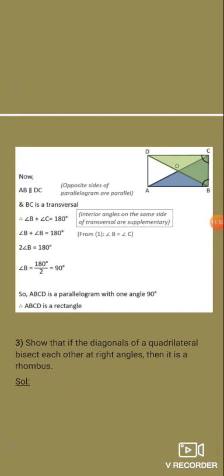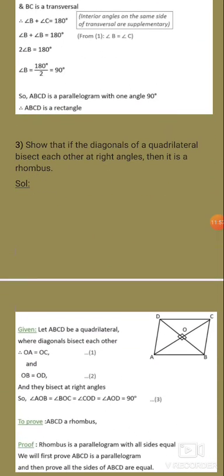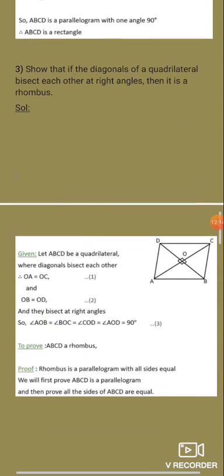Okay. Now the next one: show that if the diagonals of a quadrilateral bisect each other at right angles, then it is a rhombus. Now listen carefully to this figure also.